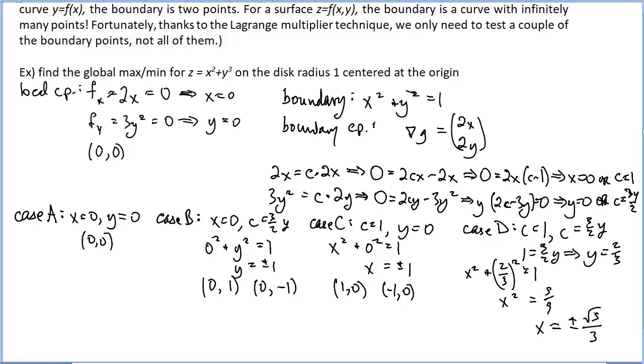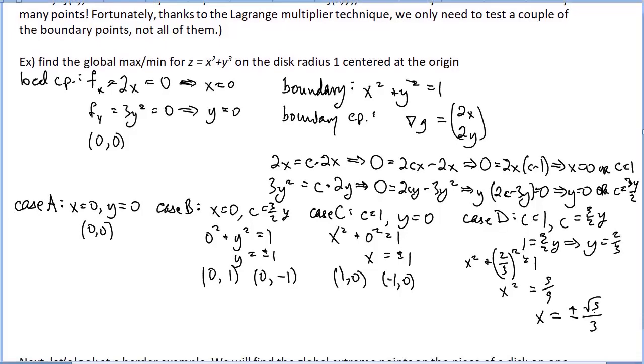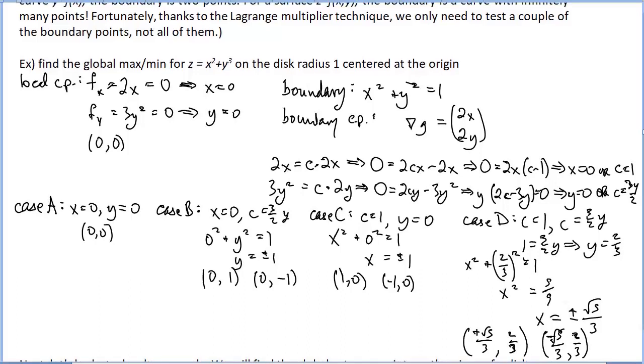So what critical points does that give us? That gives us x is positive rad 5 over 3, while y is 2/3, and x is negative rad 5 over 3, while y is 2/3. Okay.